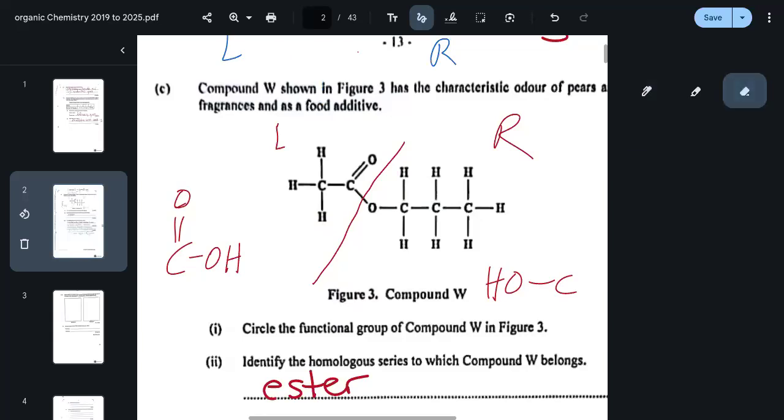Good. All right. So when you have your ester, remember, ester formation is condensation. When you join up two molecules by removing a molecule of water, that is condensation. Now, the opposite of condensation is hydrolysis.